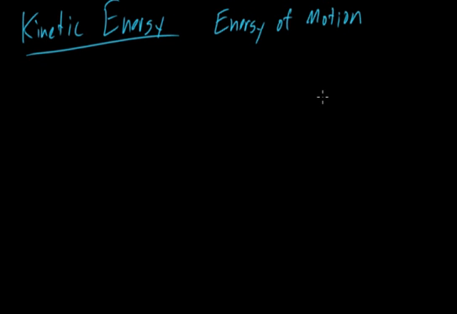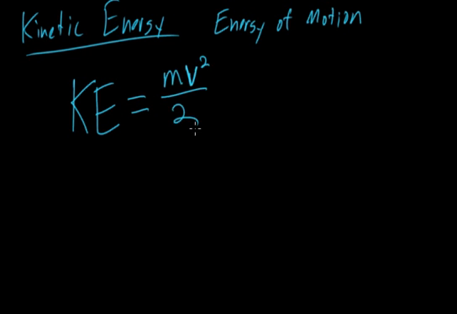Kinetic energy can be found with this formula. KE stands for kinetic energy, and it equals mv squared, that's a v, not an r, over 2. Sometimes it's written as 1/2 mv squared, but I think it's easier to just put it all over 2. It's mathematically the same. So mass times velocity squared over 2.